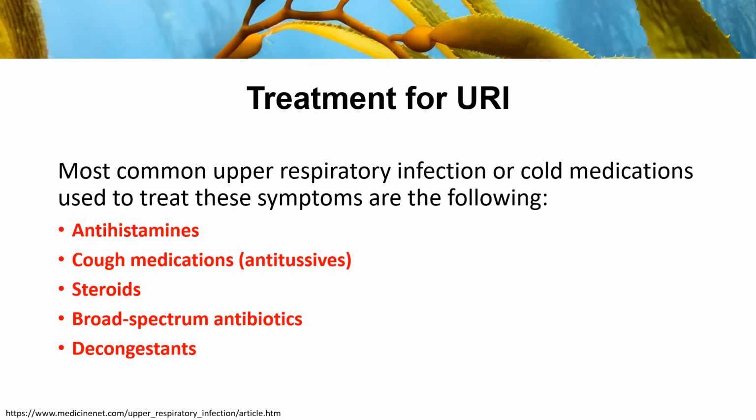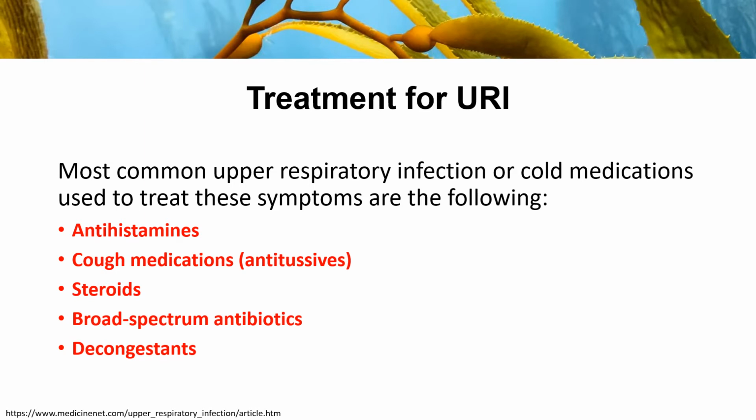Antihistamines, which are helpful in decreasing nasal secretions and congestions; cough medications, antitussives, and expectorants, which can be used to reduce cough; steroids, orally and nasally, are sometimes used to reduce inflammation of the airway passage and decrease swelling and congestion.